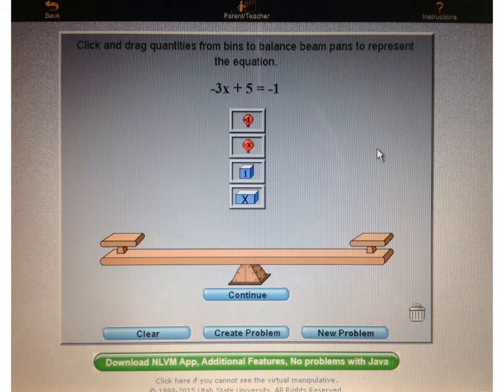Here's an image of the new window, and again with the seesaw, the balance scale, now with negative x's and negative 1 values. And again, you still have the positive x's and the positive 1 values. So it starts to get a little bit more complicated. Also in this one, it will start to bring in variables on both sides of the equations, so students can work through that.